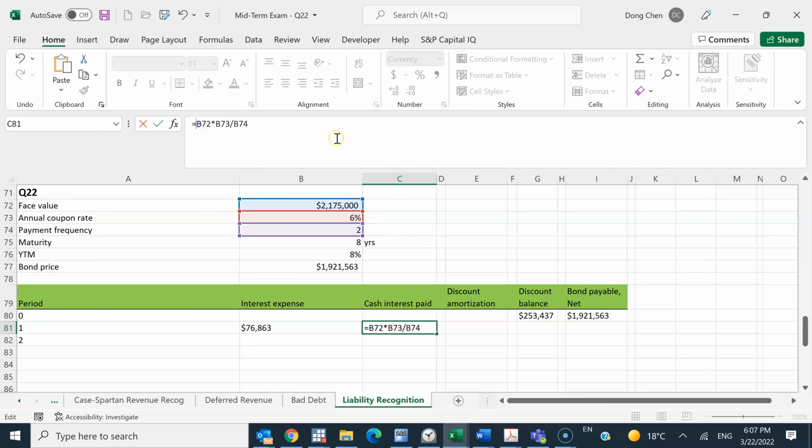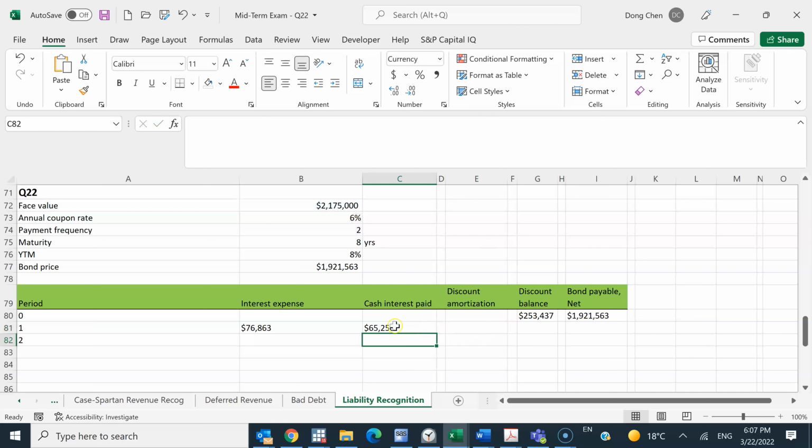Here I'm fixing all these numbers because this won't change when I extend this calculation for the first payment period to the other payment periods, right? So that's why I want to fix this amount, and this will give me the cash interest expense. So you see that what's recorded on the income statement will be higher than what the firm is actually paying out.